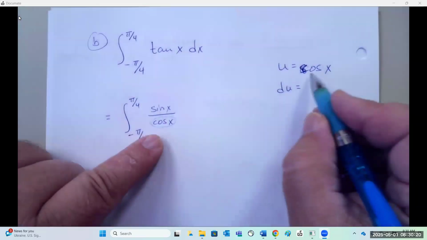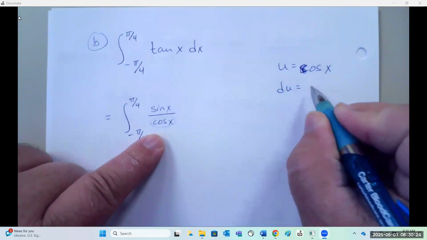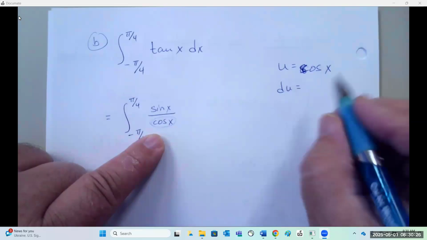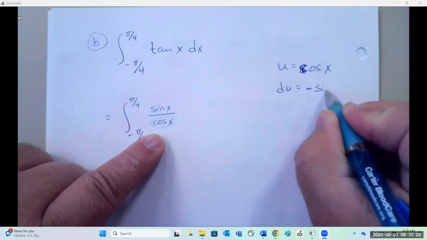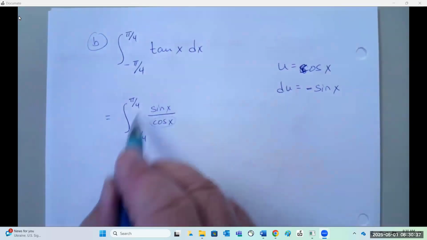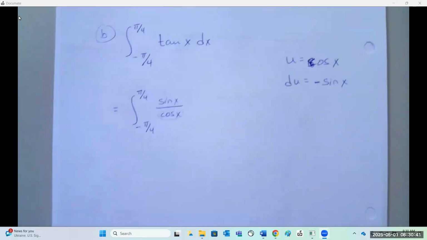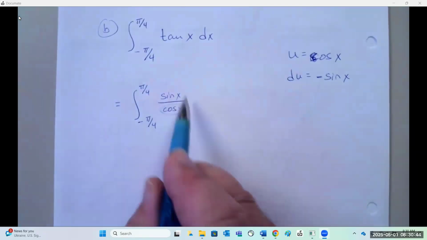So if the denominator is cosine, what's the derivative? Negative sine. Do we have negative sine in here? You won't find it in your sheet. It's on the board. Is there a negative sign anywhere here?